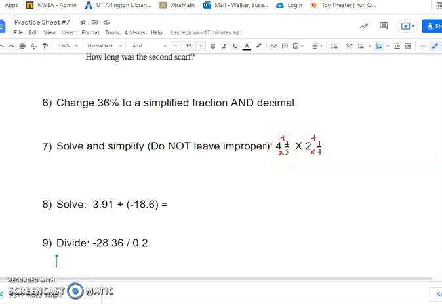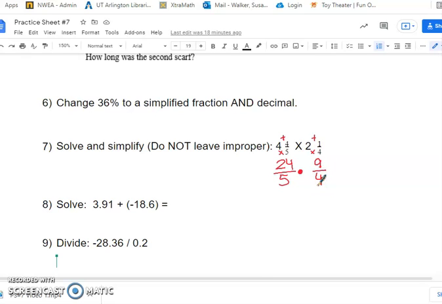Then add 4. So 5 times 4 is 20. 20 plus 4 is 24 over 5. Now I do the same thing here. 4 times 2 plus 1. So 4 times 2, 8. 8 plus 1, 9 over 4.